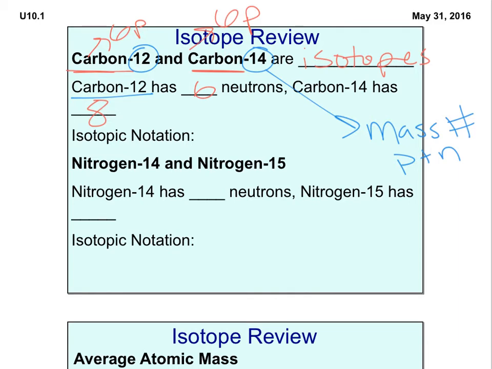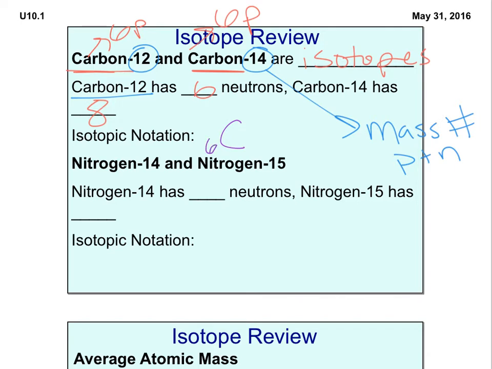We also learned a while ago about isotopic notation, which is another way to write it out. And what that looks like, and we learned this back in Unit 1 as well, you write the element that you're talking about. So we're talking about carbon, so I'm putting a C. And then in the bottom left corner, you put the number of protons. So for carbon it is 6.